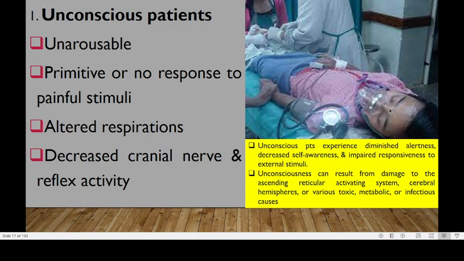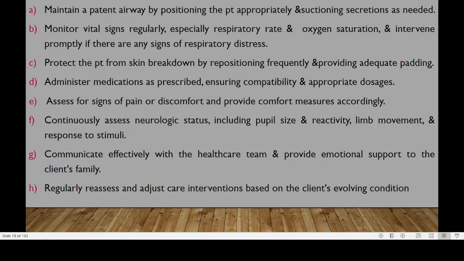Unconscious patients. These are unarousable, could be comatose or demonstrate no response to painful stimuli, with altered respiration and decreased cranial nerve and reflex activity. So they experience diminished alertness, decreased self-awareness, and impaired responsiveness to external stimuli. For such a patient as a nurse, you have to maintain a patent airway by positioning the patient appropriately and suctioning secretions where possible if needed.